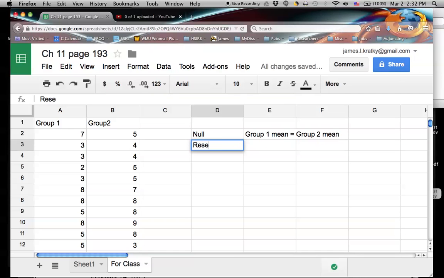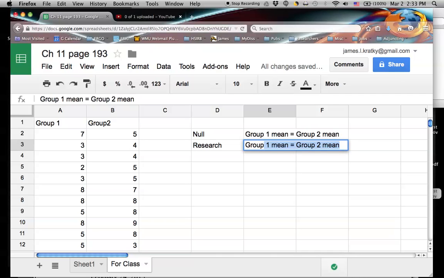The research hypothesis, and we could talk about this, and if we want to run a certain one-tail or two-tail test, we could make that decision as a class and do that. For the textbook on page 194, they say that the research hypothesis is that the two means are not equal.